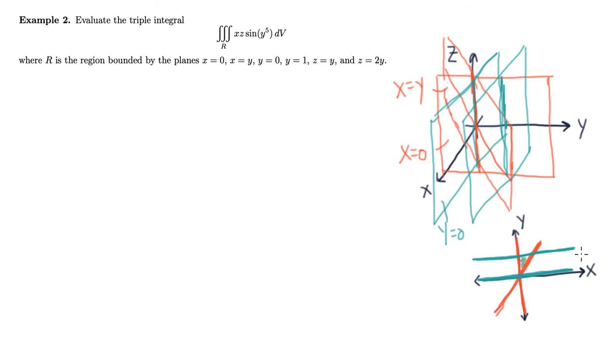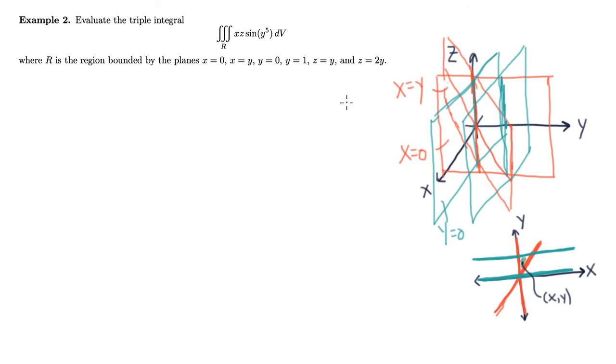So what that means is that for any given x and y, x and y is going to live inside this triangle. And then for any x and y in that little triangle, I didn't actually draw the planes z equals y and z equals 2y, but you can imagine that z equals y is going to cut through this way, and then z equals 2y is going to cut through with a slightly bigger slope.